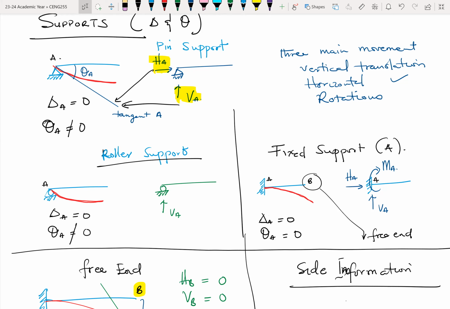As I mentioned, there are three types of movement that we focus on: the two translations, vertical and horizontal, and then the rotation about a point. That's how you get summation of forces in the y direction, summation of forces in the x direction, and summation of moment about a point. These are some of the reasons why we come up with these equations.